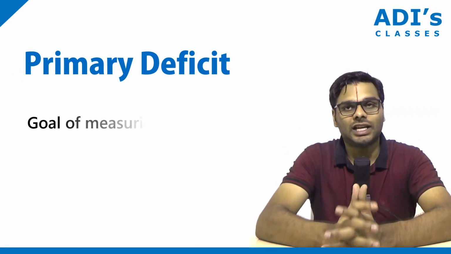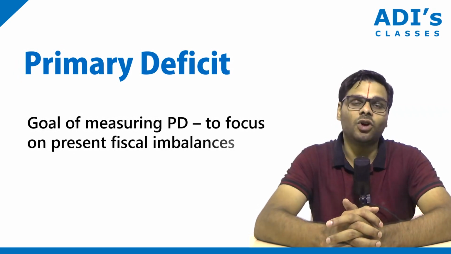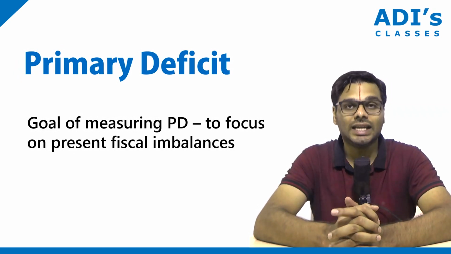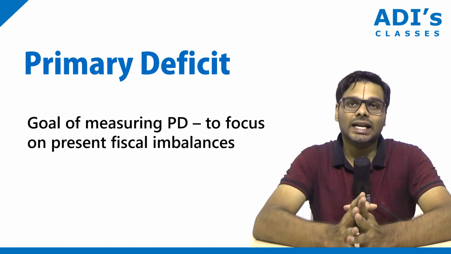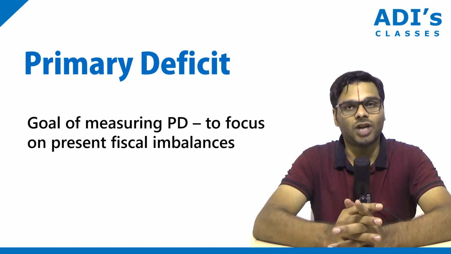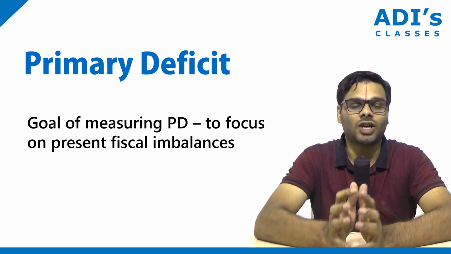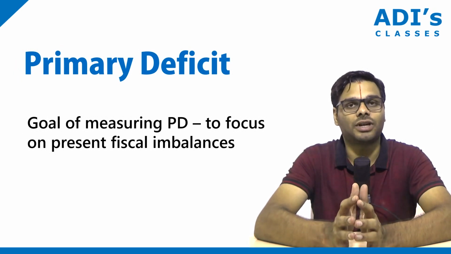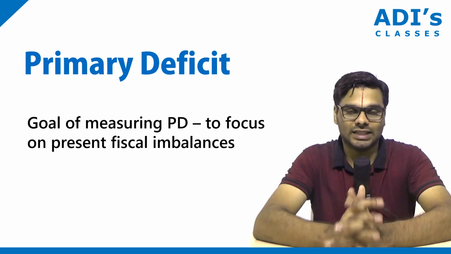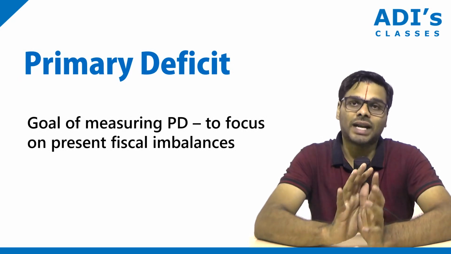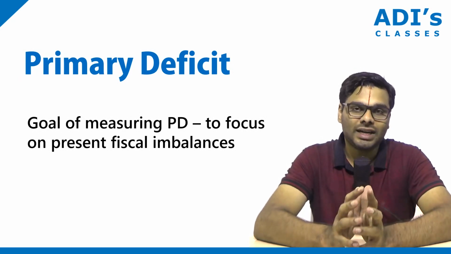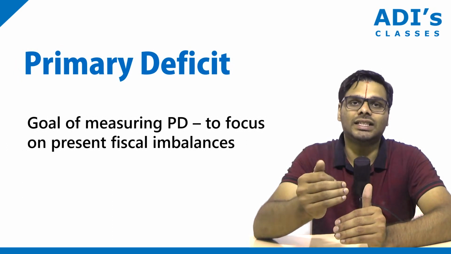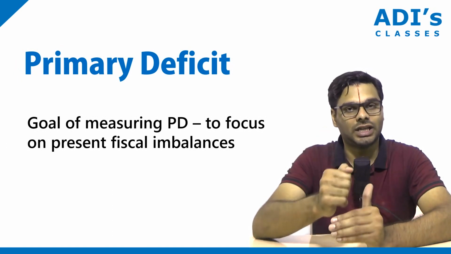The goal of measuring primary deficit is to focus on present fiscal imbalances. Interest payments cannot really be stopped and are more of a fixed component carried on from previous years. Hence, measuring primary deficit helps in better understanding the fiscal imbalances due to spending for that particular year.